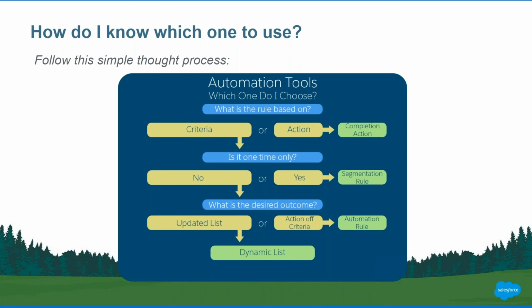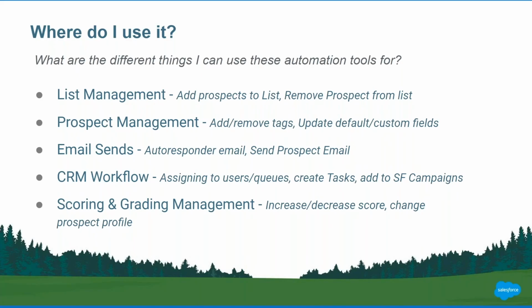You can use automation rules for most of the things that you want to happen in Pardot. So this is the thought process of which one to use. Now I understand what the different automation tools available to me are, and which one I should use in which scenario.